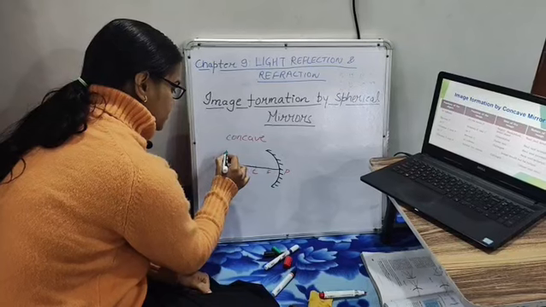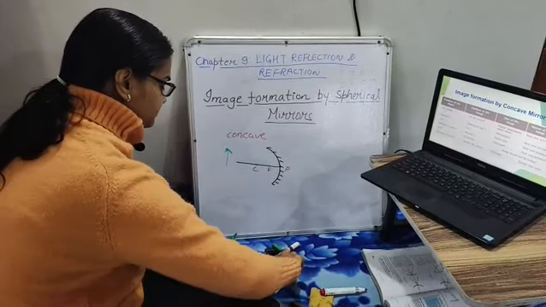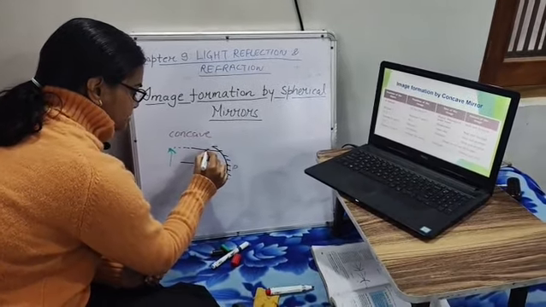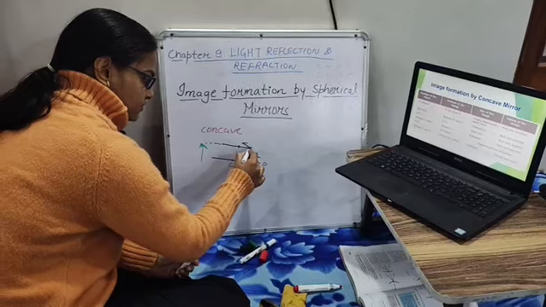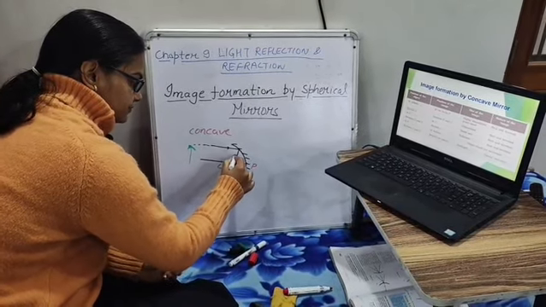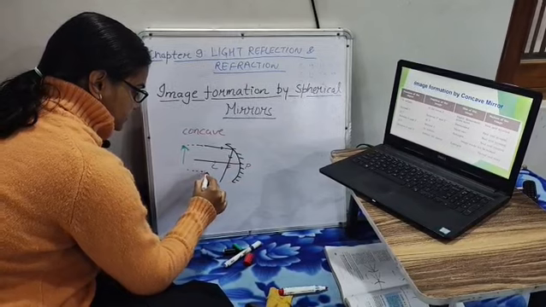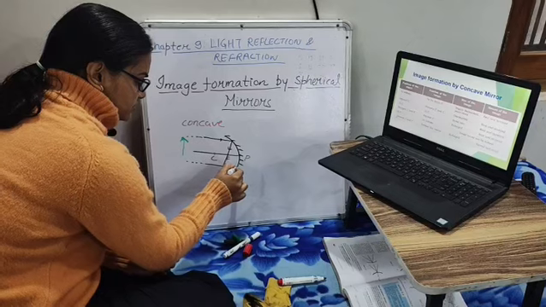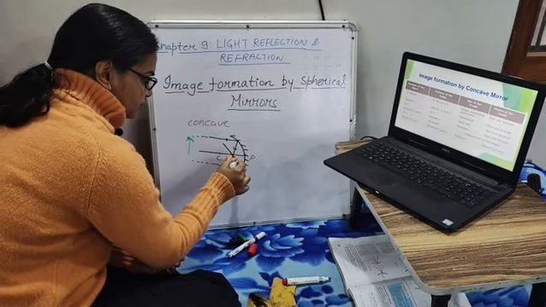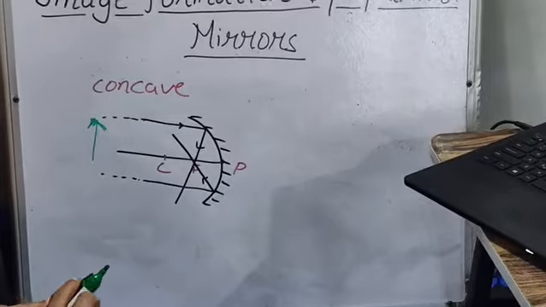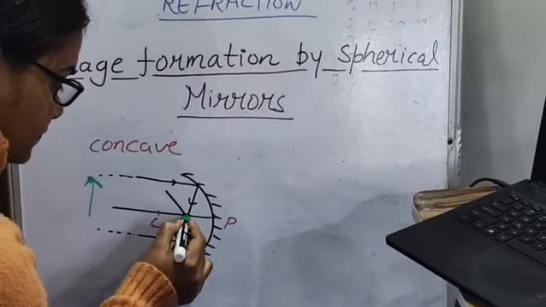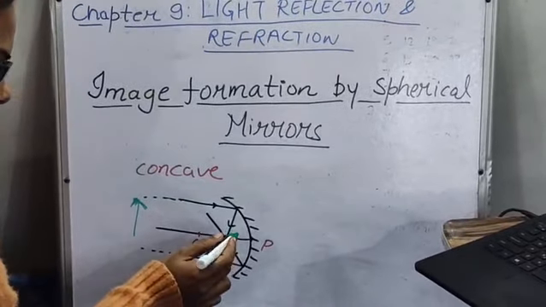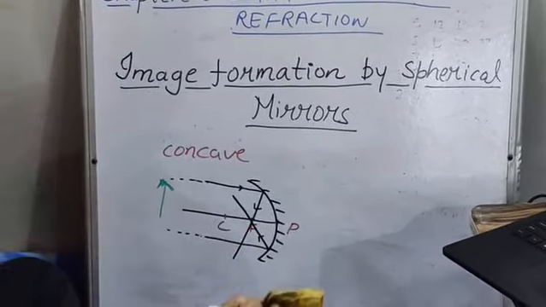Now when the object is placed at infinity, the ray of light comes parallel to the principal axis. It will fall on the focus and be reflected through the focus. So the image formed will be at the focus. The size of the image is highly diminished, it is point sized, real and inverted.